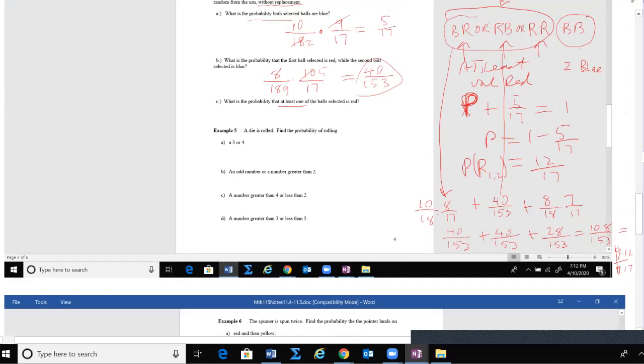And there's our 12 over 17. Same as the 12 over 17 we got here. Which way was easier? I believe using the complements was. And you'll have to trust me on that because we're going to see that happen again. Okay, so let's continue.